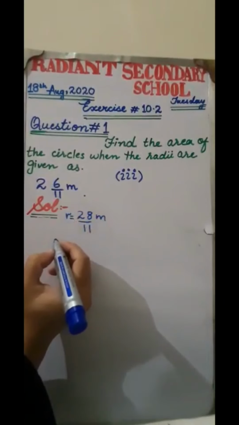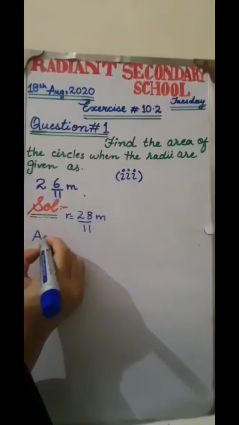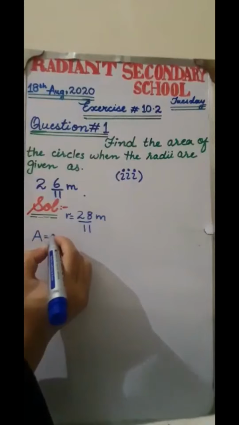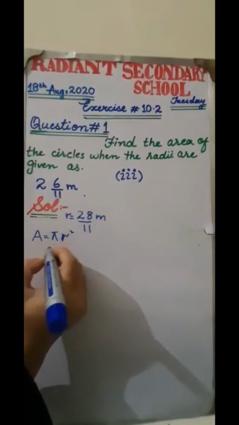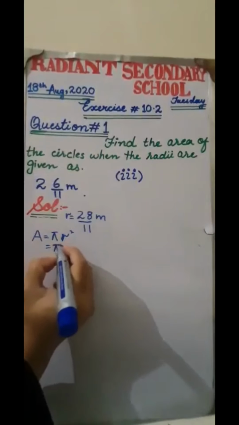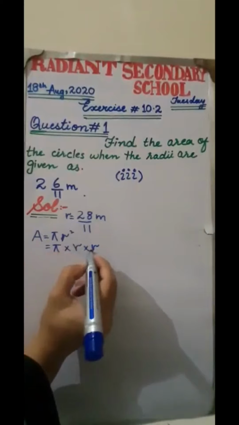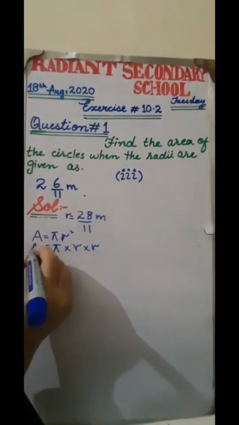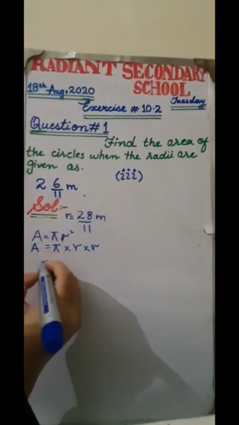Now with the help of this radius we have to find the area of the circle. Write the formula. Area of a circle is pi r square. You can write it like this: pi multiplied by r multiplied by r, because of the square, you can write r 2 times. After that you have to put the values here.